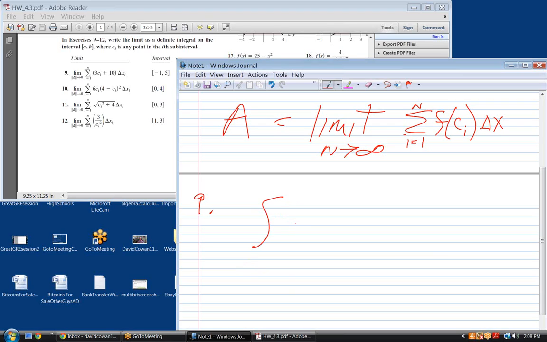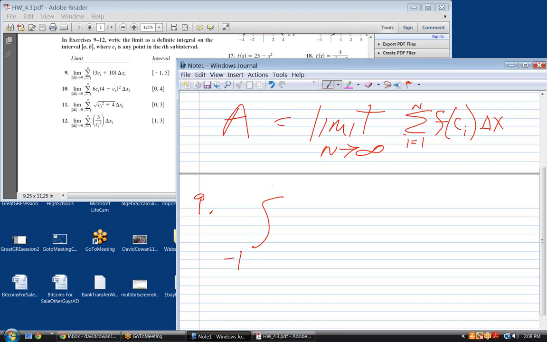I want to translate this expression that they've given me into a definite integral, with the integral sign, a lower limit of integration, an upper limit of integration, and a function. The lower limit of integration would be -1, right?